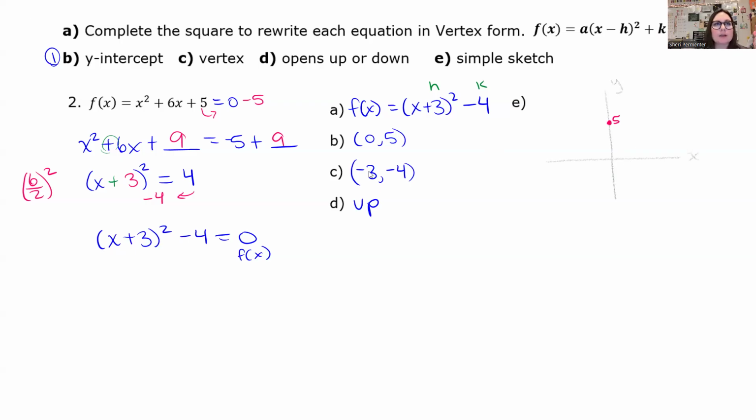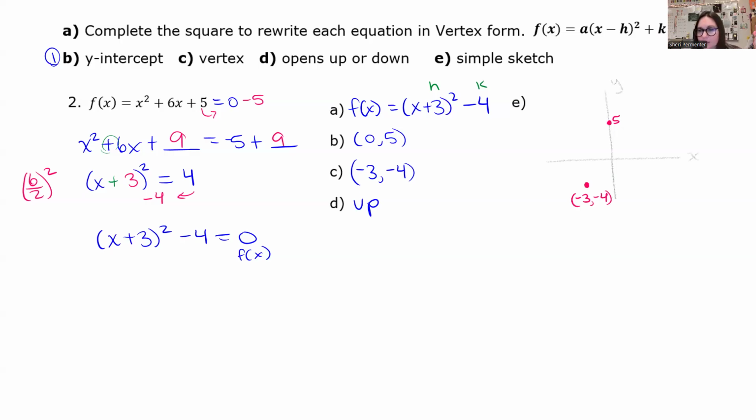And I know that this is my vertex point. So my vertex is at -3, -4. So left 3, down 4. And now I can make my graph.